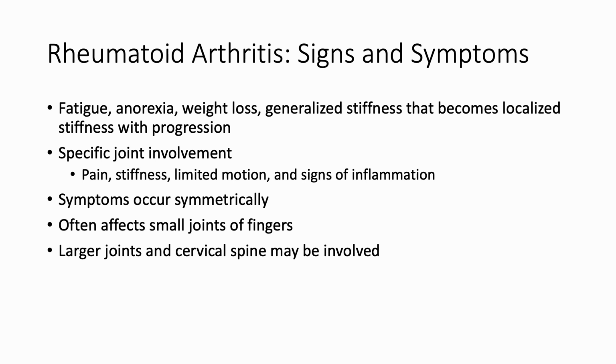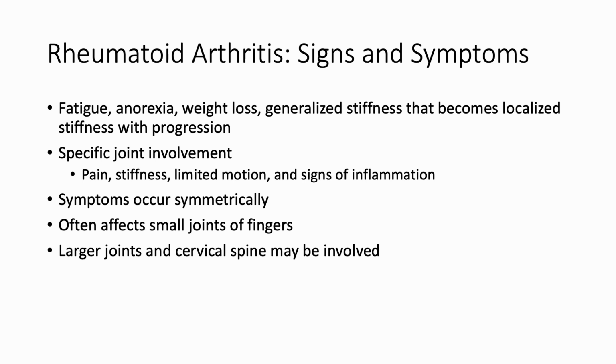Specific joint involvement, you might hear the patient complain about pain, again, stiffness, limited motion, and signs of inflammation. The symptoms occur symmetrically, meaning that the right and the left side are usually involved.